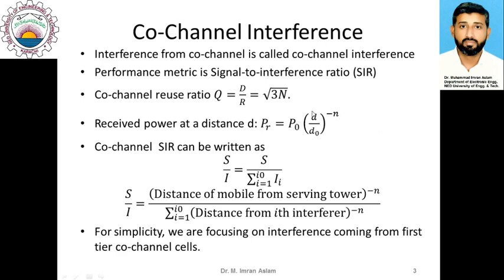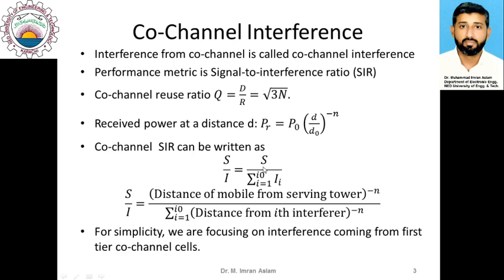By using the relationship of power with distance, we can transform this expression into this form, S over I, where the numerator is the distance of the mobile equipment from the serving tower raised to power minus n, and in the denominator we are using the sum of distances from all the interferers.